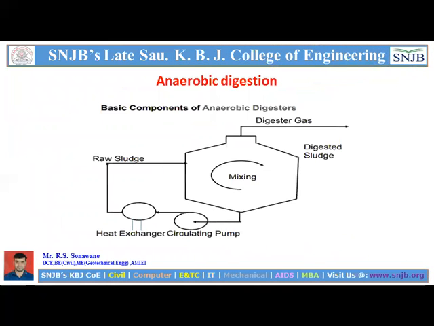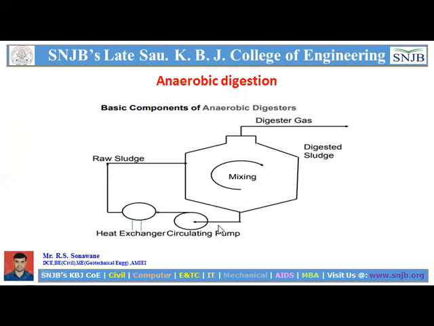Now for anaerobic digestion, this is the simple figure or simple flow process that we can see here. The raw sludge is provided in this particular assembly and mixes properly here, and the digested sludge can be seen here. After digestion of all the organic matter, the byproduct is digester gas, that is biological gas, biogas or biofuel.